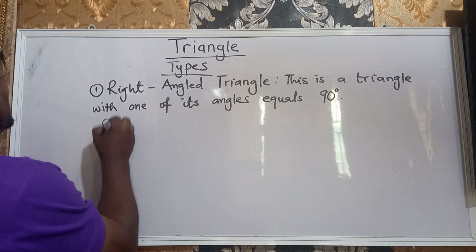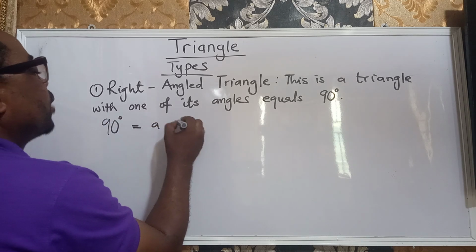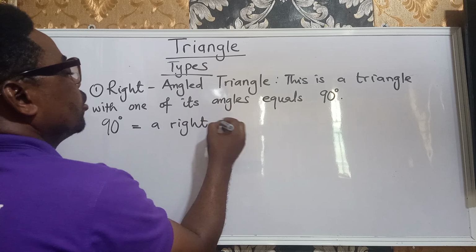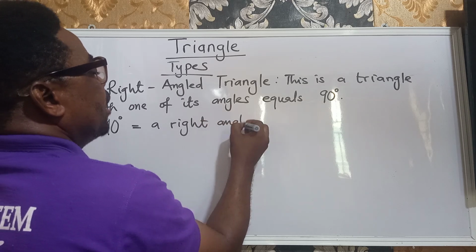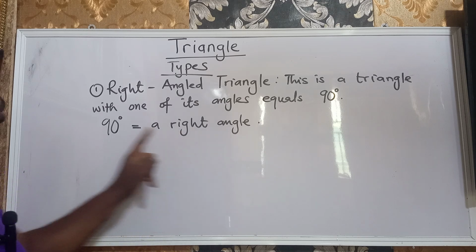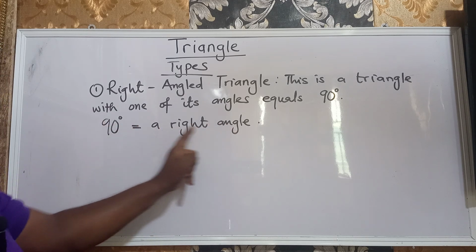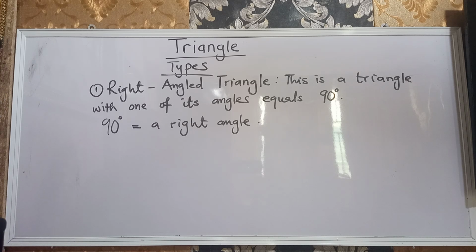When we measure 90 degrees, that angle is called a right angle. Any angle that measures 90 degrees is called a right angle. Let's see.